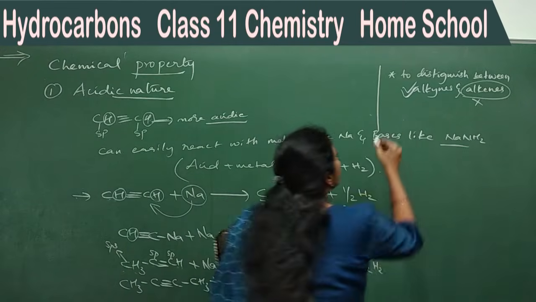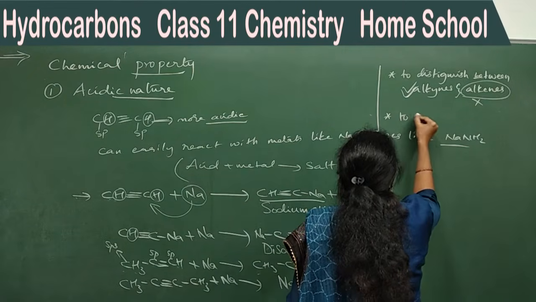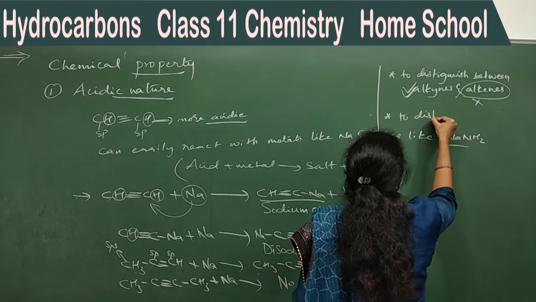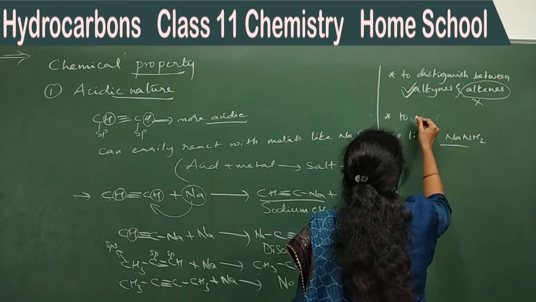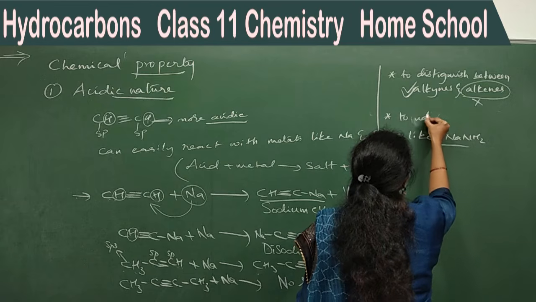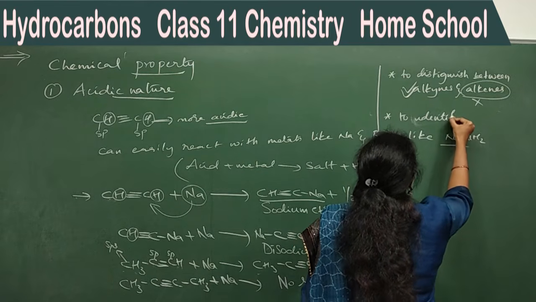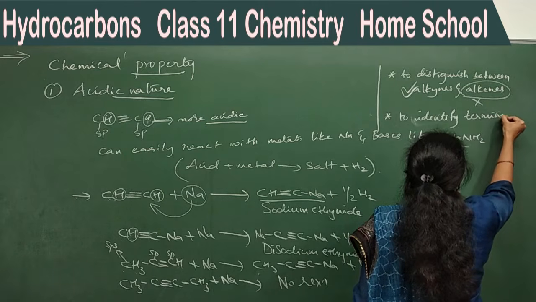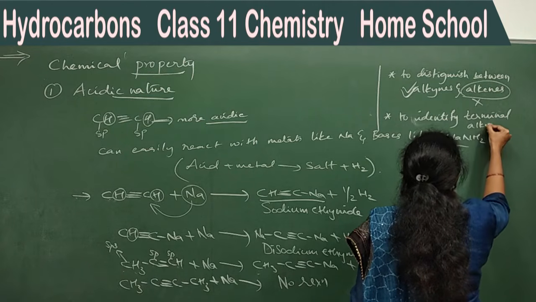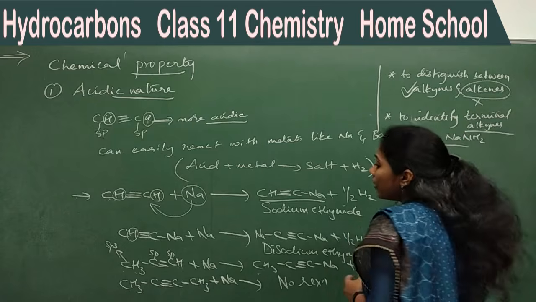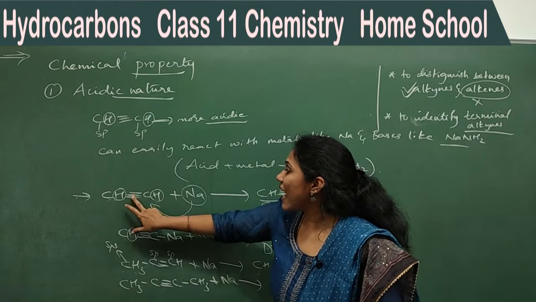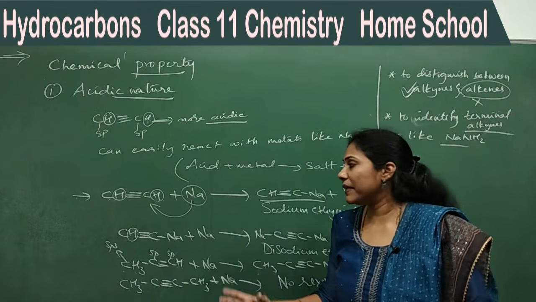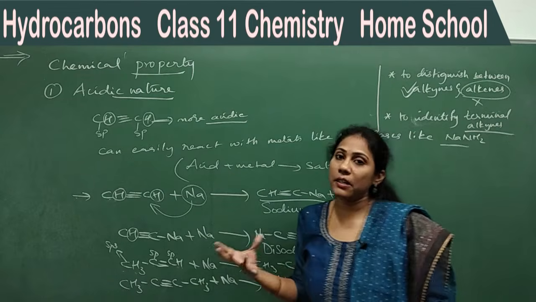Not only that, it helps to identify terminal alkynes. So what do you mean by terminal alkynes? If the triple bond is present at the last carbon atom or first carbon atom, it is called a terminal alkyne.